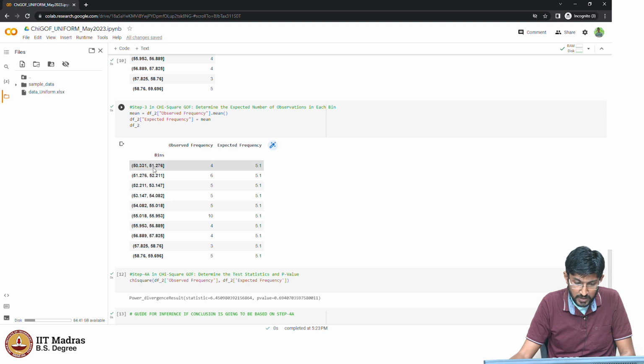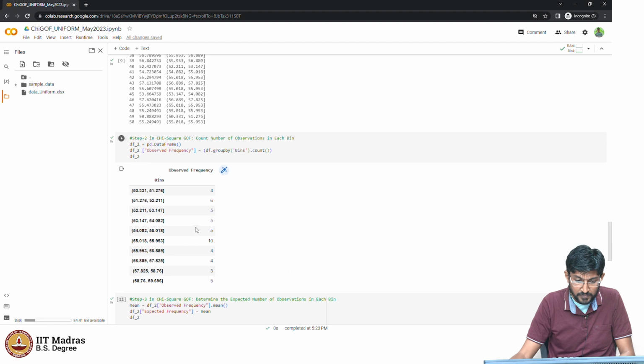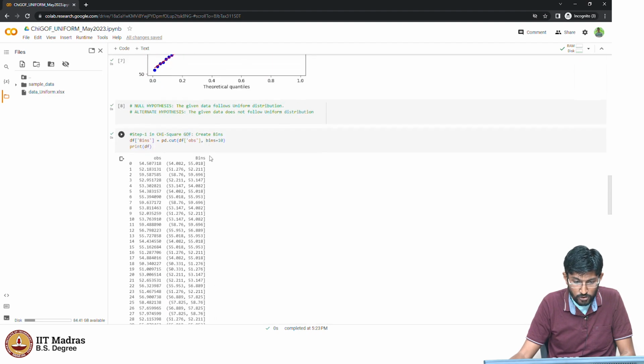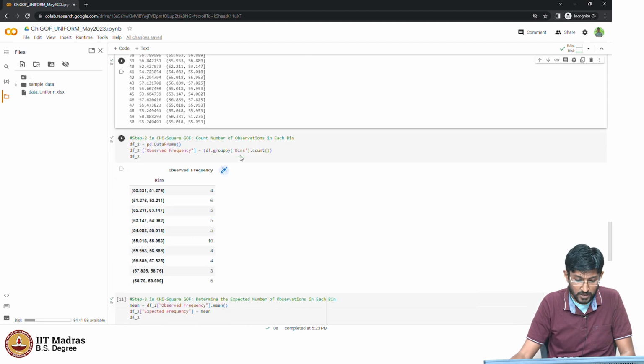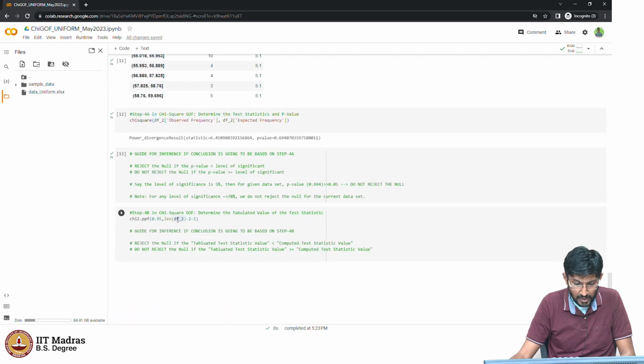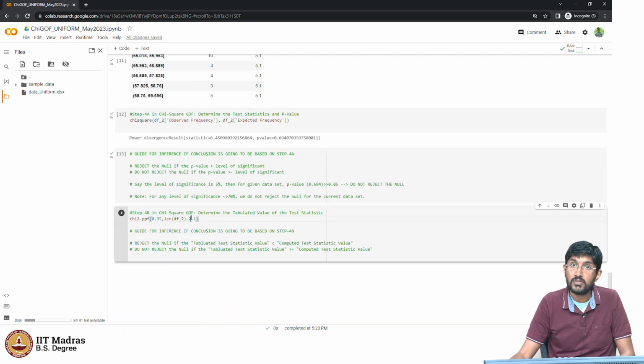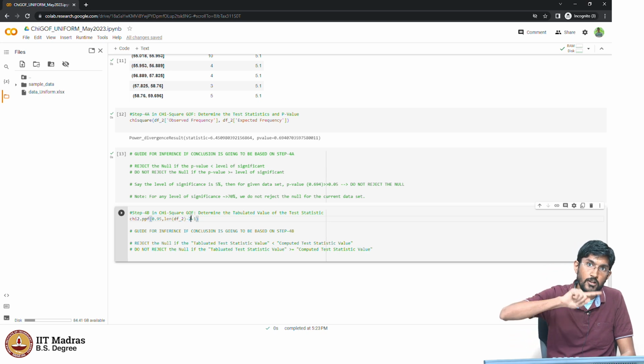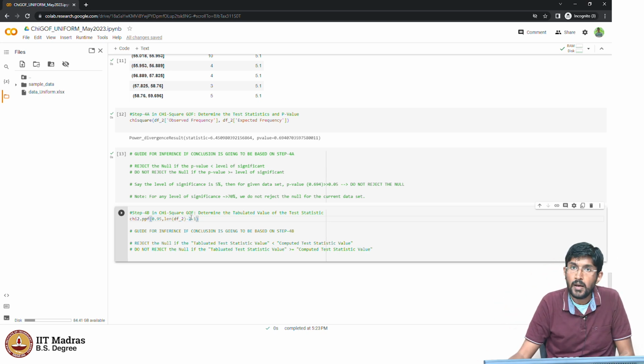Since I am going to split this into 10 bins, so 10 minus 2, since for a uniform distribution I need two parameters, the lower value and upper value. So 10 minus 2 minus 1, that is going to be 7, at a confidence level of 95%, and with 7 degrees of freedom.